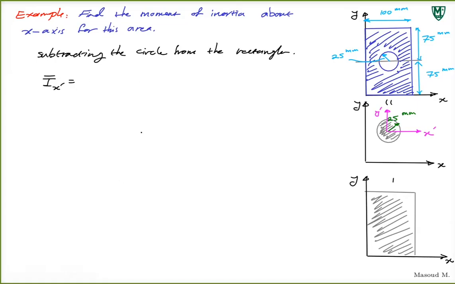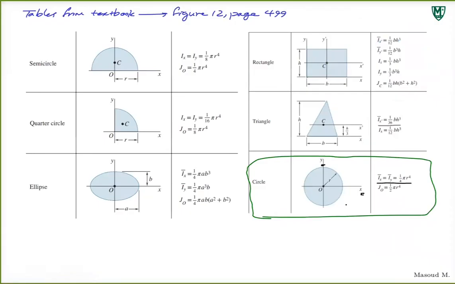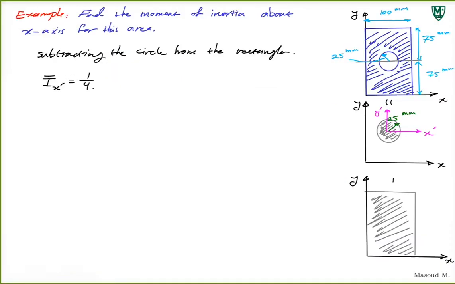And that is given in the table as 1/4 pi R4. And R is 25 millimeters. So this becomes 1/4 pi times 25 millimeters raised to 4. You can actually get that value.